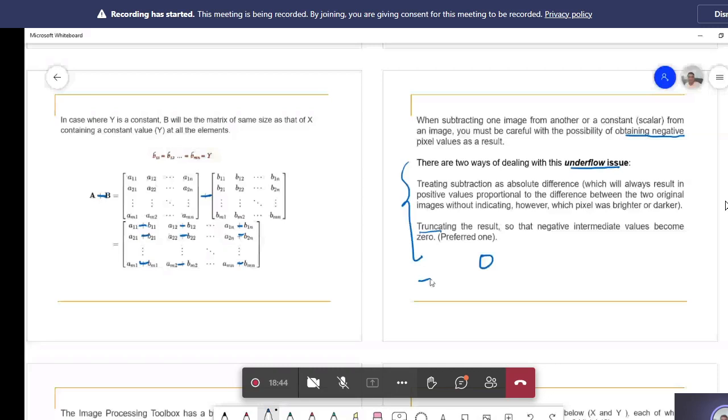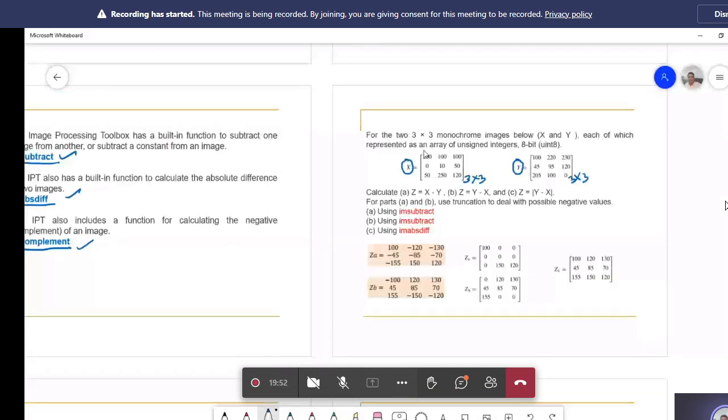यदि आपको subtract करना है या complement करना है. Suppose I have taken here one example of two images. First image is x, second image is y, and it is 3 by 3 matrix का है आपका 3 cross 3, 3 row and 3 column. Okay, so each of which represents an array of unsigned integers.